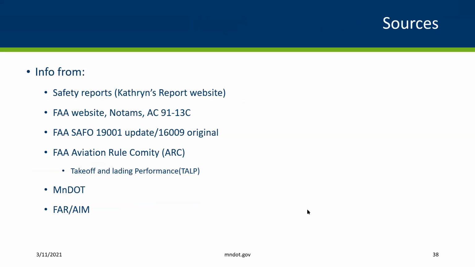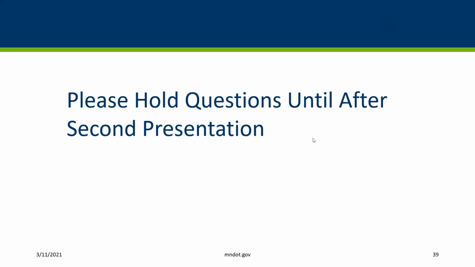So again, there's lots of sources out there for all this different information. When we look for this, we're looking at accident reports, we're looking at FAA stuff. There's just no one-stop shopping, and that's the hard part about aviation. And we understand that even for the NOTAM system. So that's why, one more time, I just want to really emphasize that you play an incredibly important role in our safety process by reporting what's happening at your airport.